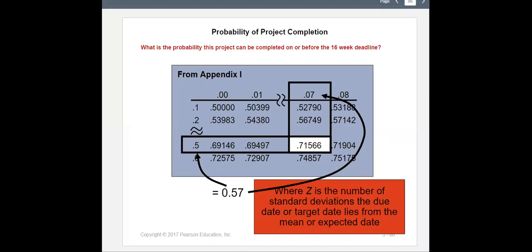Can you calculate it for me and tell me what's the probability for 18 weeks? I give you 5 minutes.